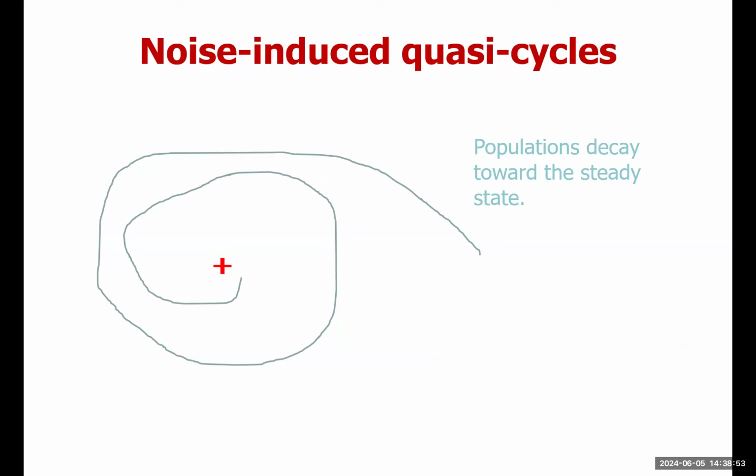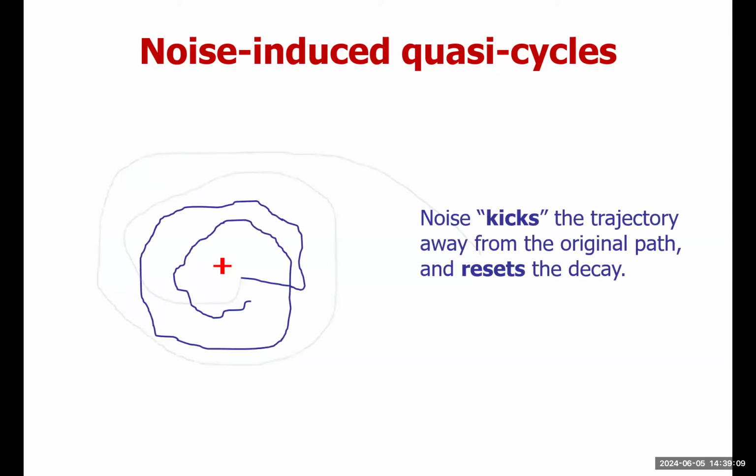Every point in the space represents a state of the system, and this trajectory tells you the time evolution. So what you see here is the population decays towards the deterministic steady state. But then something happens. Noise takes the trajectory away from the original path and resets it. That noise is the discrete birth and death process.